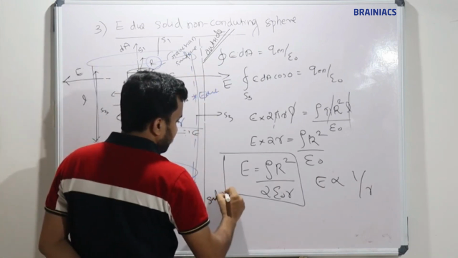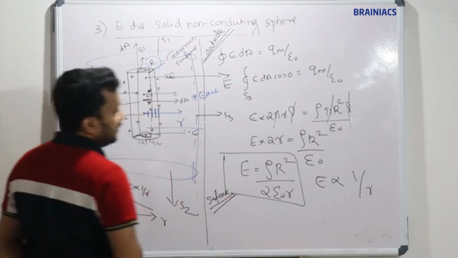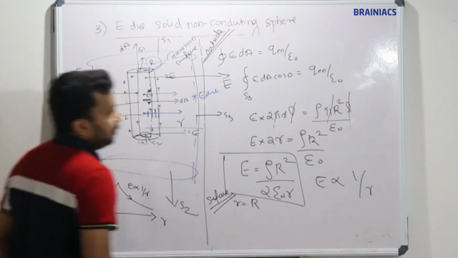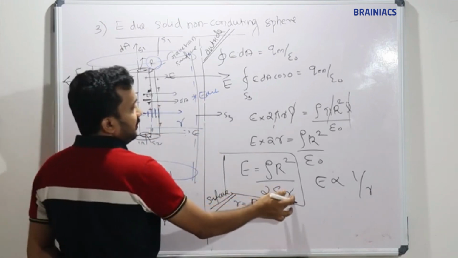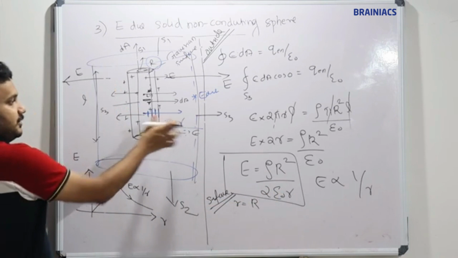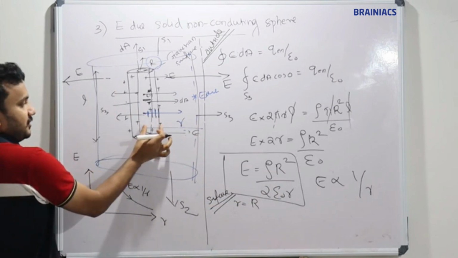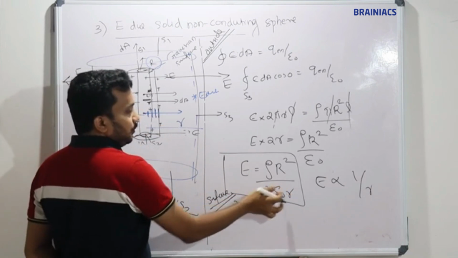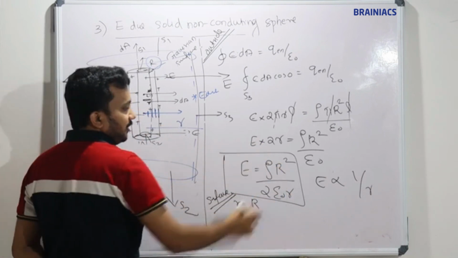So what will happen to the electric field intensity on the surface? What is electric field intensity on the surface? On the surface, small r equals capital R. If I substitute small r equal to capital R, surface means this distance equals this. Now we are going to find the electric field at the surface. So small r equals capital R, so one r will get cancelled.